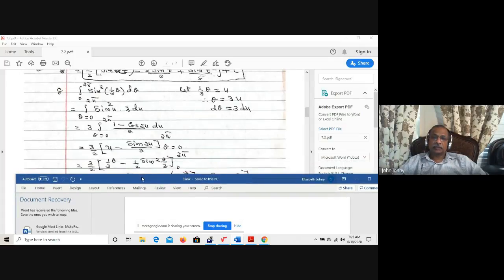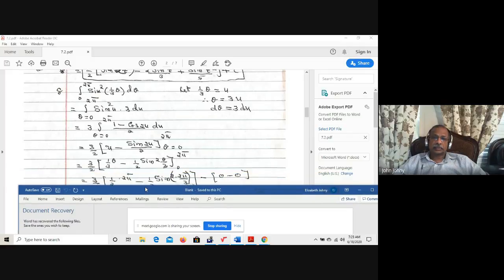Theta varies from 0 to 2 pi, but u is 1/3 theta, so that is 3 over 2 times 1/3 theta minus 1/2 sine 2 theta over 3.